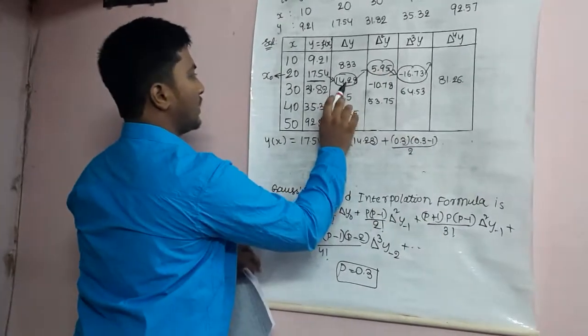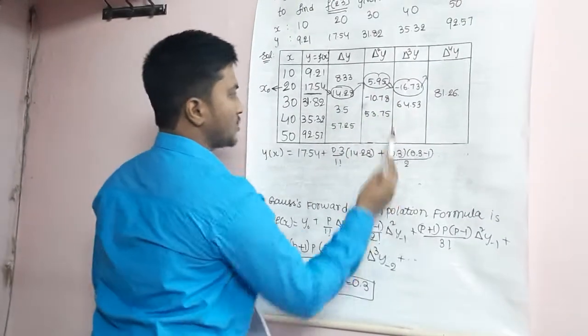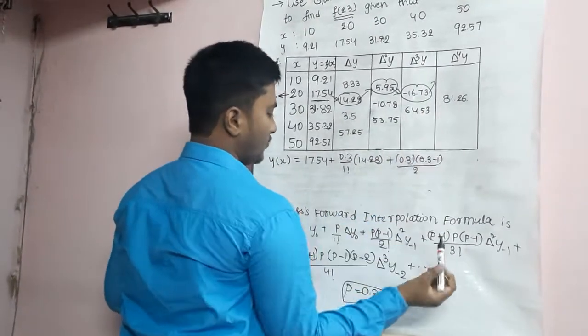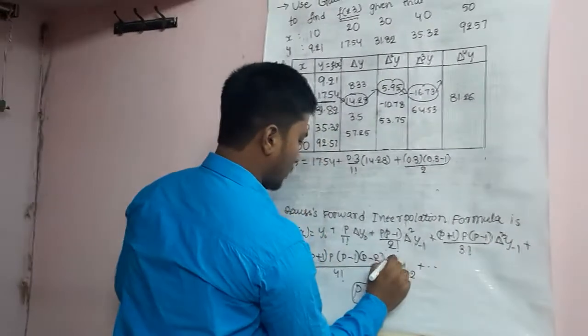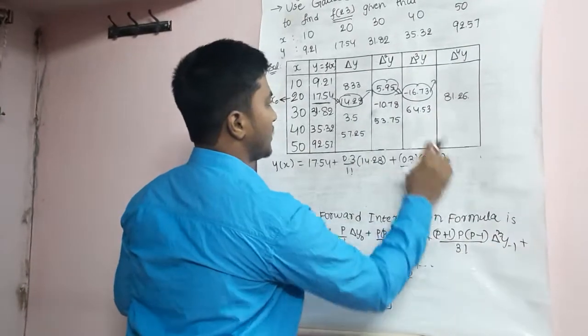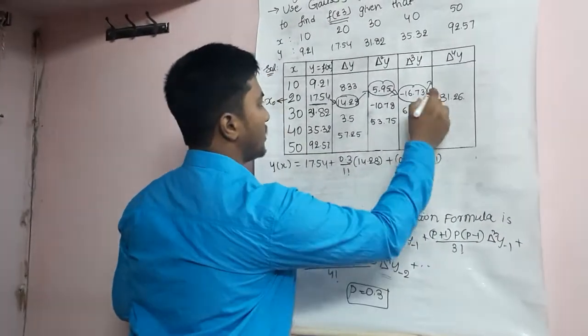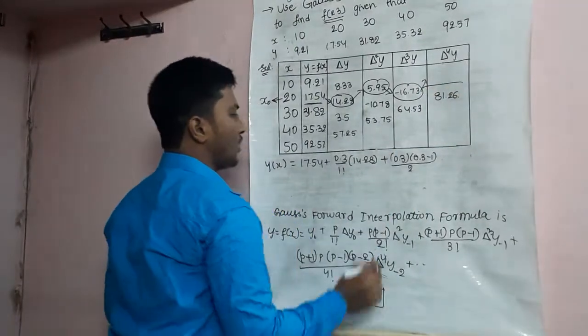So this will become delta y naught, this will become delta square y suffix minus 1, and this will become delta cube, and this is delta power 4. So delta cube y suffix minus 1 and delta power 4 are actually not needed, as we did not get anything above the formula.